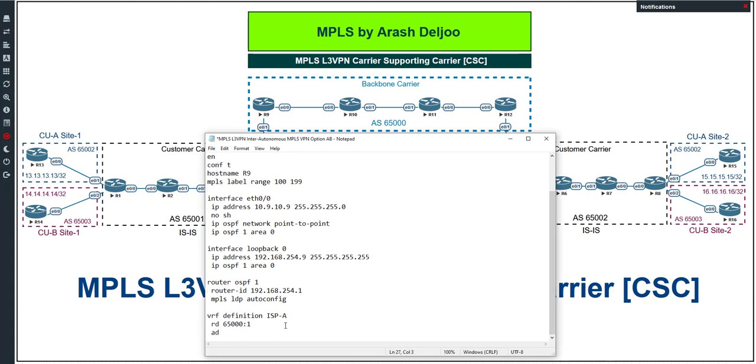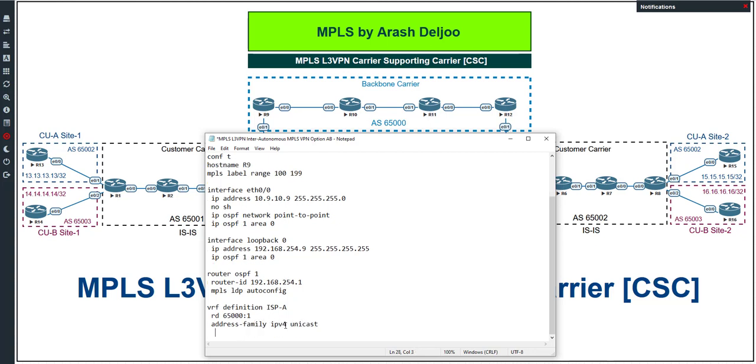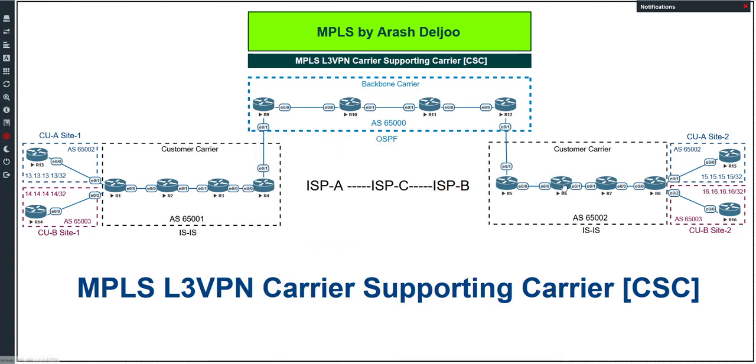And after that, in address family, for example, IPv4 unicast, we need to configure the route target, both 65000:1. You know that here we are using two customers, two ISPs, but these two ISPs are customers of the backbone carrier, and they need to connect to each other.